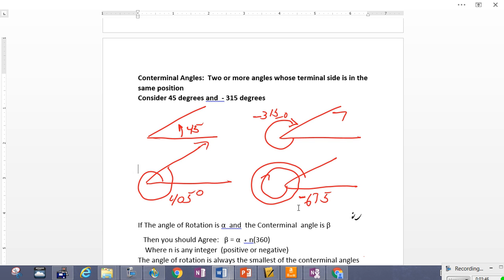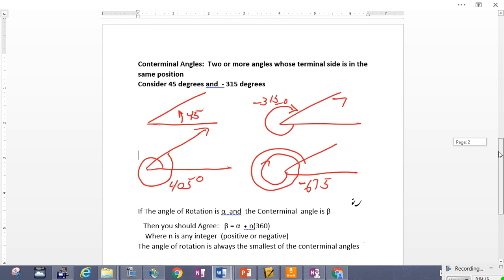We're going to call our angle of rotation alpha, and anything coterminal with that is going to be called beta. Basically, take any angle that you have, your 45, and add any integer multiple of 360. 45 plus a negative 360 gives you negative 315. 45 plus a positive 360 gives you 405.